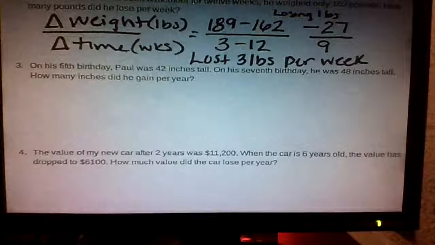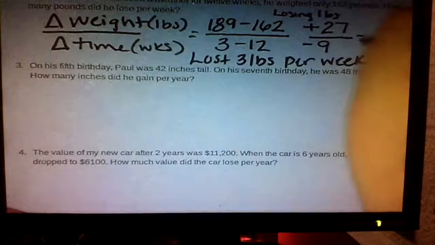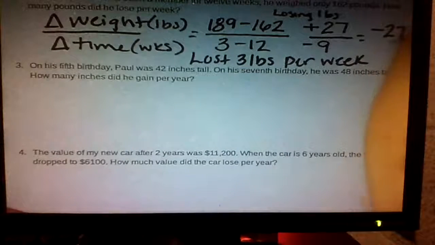In terms of weight, when I'm losing weight, it's dropping, so it should be a negative number, because your weight's going down. So technically it should be negative 27 over 9.